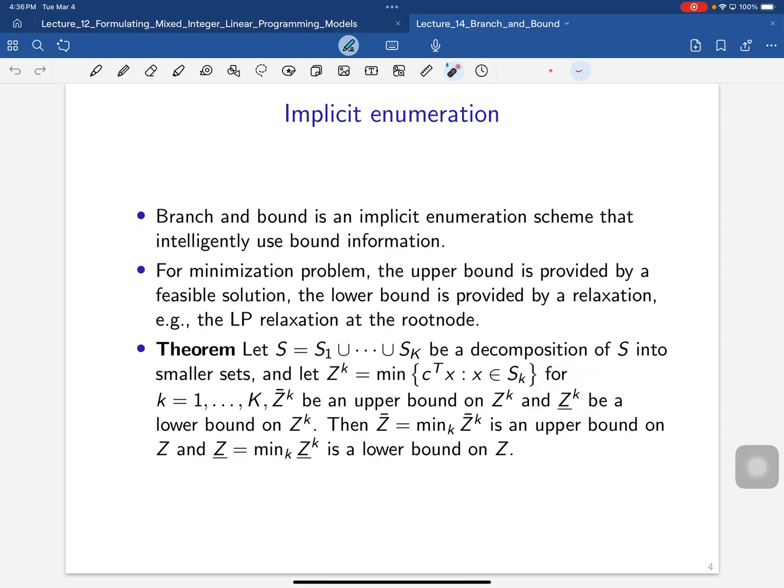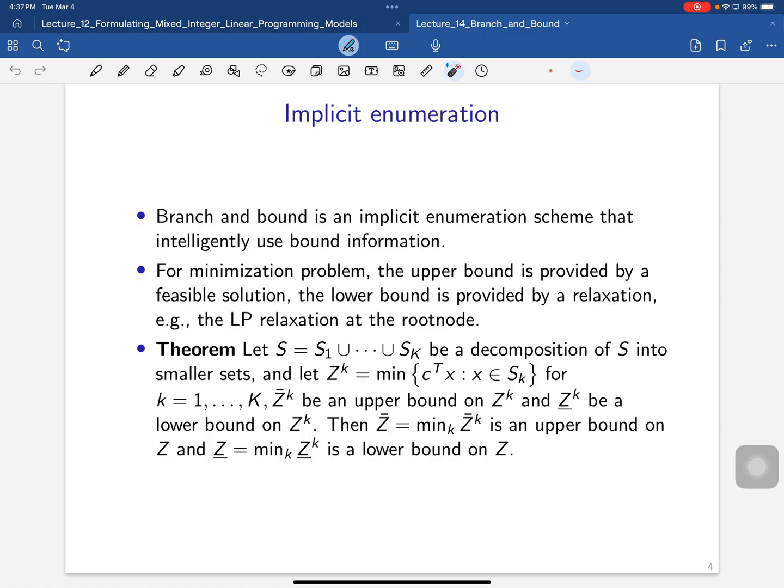With this notation, we say Z upper bar, equal to the minimization over all the Z upper bar k, is the upper bound on Z.